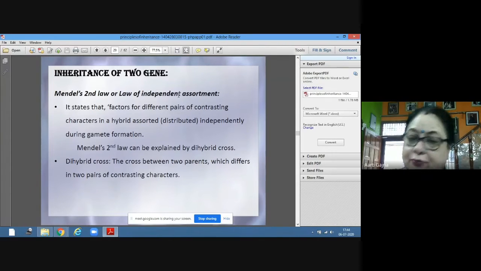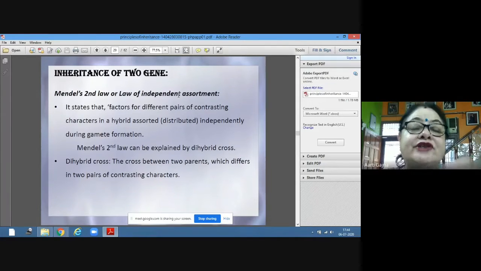So at the time of gamete formation, these factors were not depending on each other. It was not that we have taken yellow and round together, so yellow and round will always come together. No. Yellow was coming with green, yellow was coming with wrinkled also.